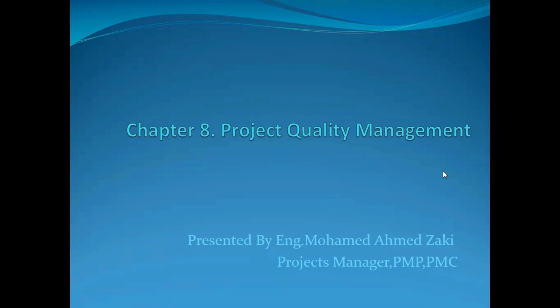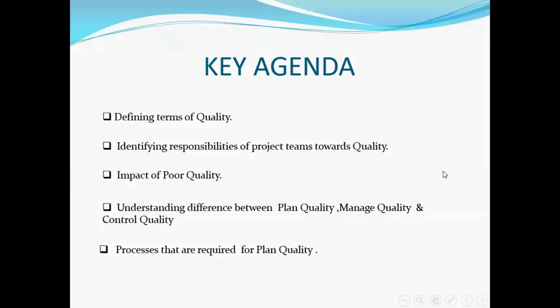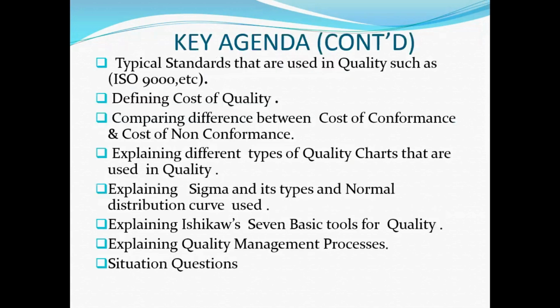Basically, when we look at quality management, we're going to define the terms of quality, identify the responsibilities of the project team towards quality, and the impact of poor quality. We'll understand the difference between plan quality, quality management and control quality, the processes required in plan quality, and typical ISO standards in quality such as ISO 9000.